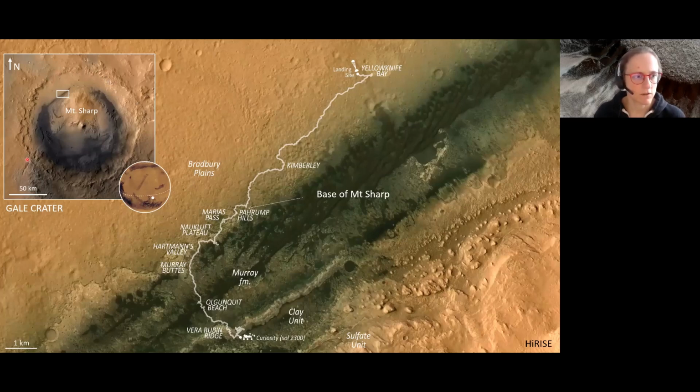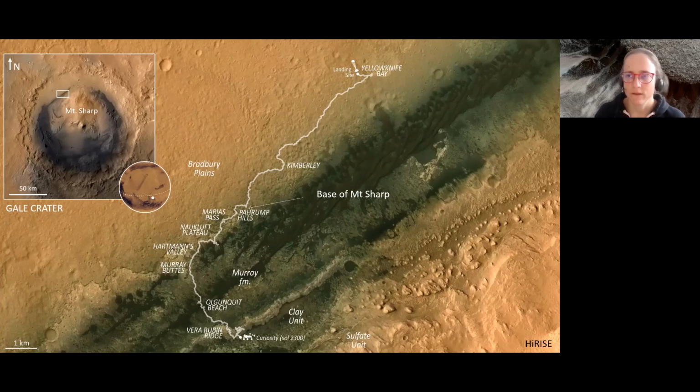You can see there are valleys leading into Gale Crater, noticeably one up here as well. If you've got good eyes, you'll be able to see it. It's Peace Vallis up here. And a mountain in the middle called Mount Sharp, again with valleys running off Mount Sharp itself. And this mountain is thought to be almost entirely made up of sedimentary rocks.